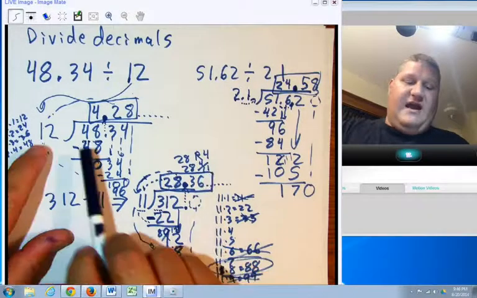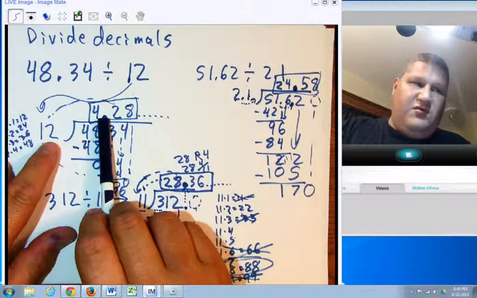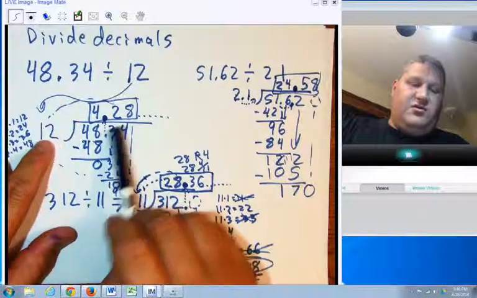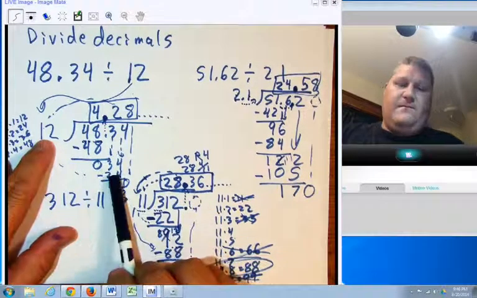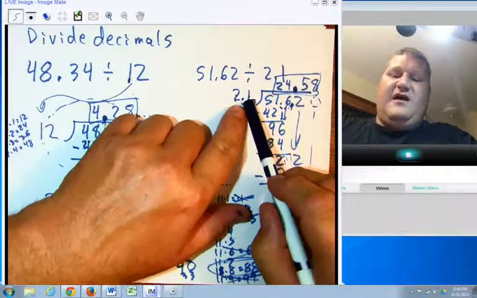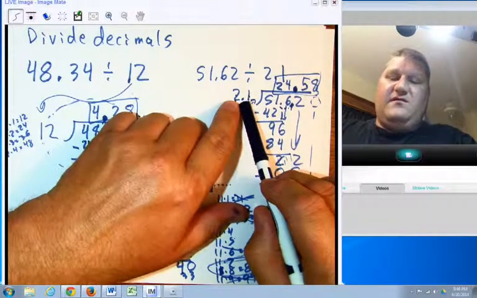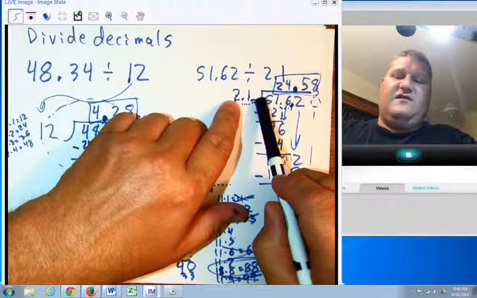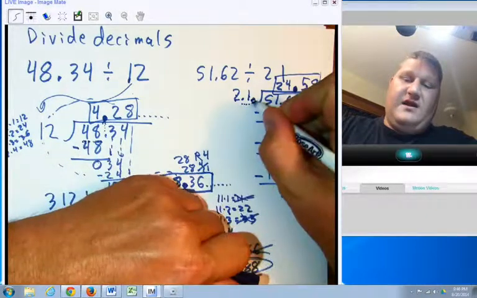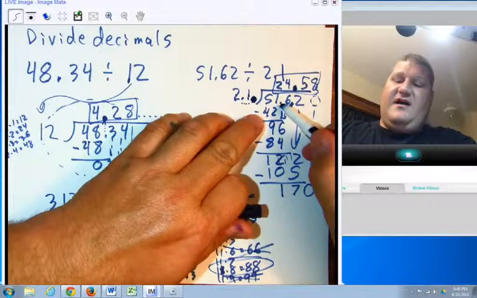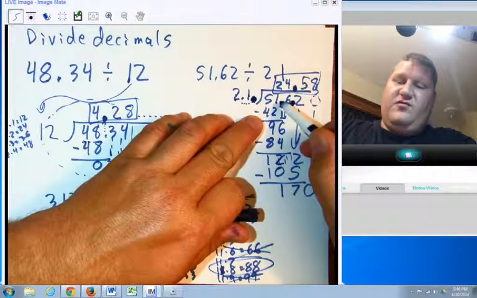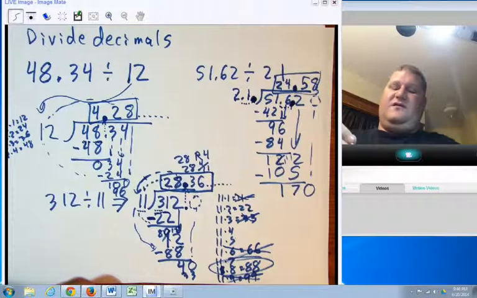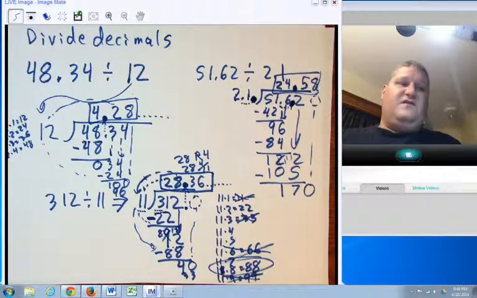If you already have a decimal, just move it straight up. Do the long division like we're used to. If there's a decimal out front, then I need to move the decimal till it's not in the way. Put it right here. But I have to do the same thing and move this decimal 1 place to balance it. So that's division by decimals. We do it because we have to do it with polynomials.